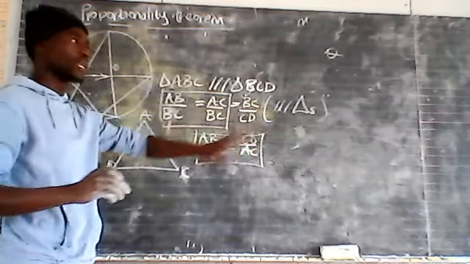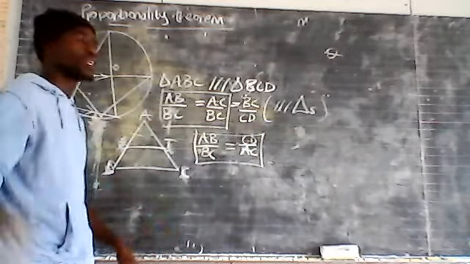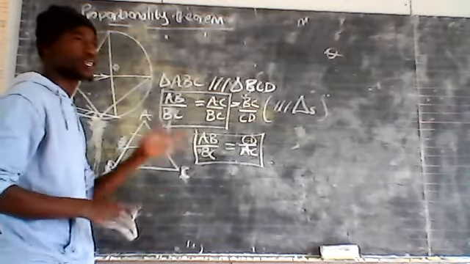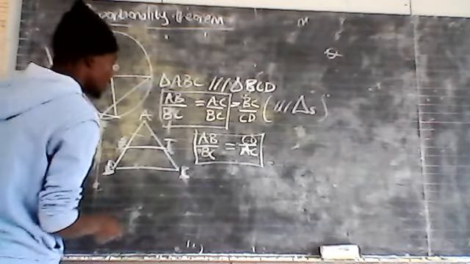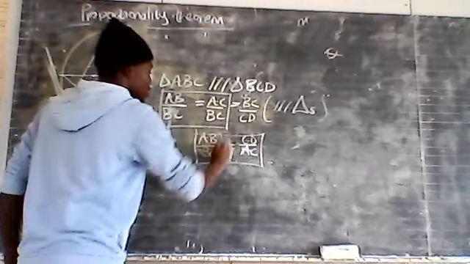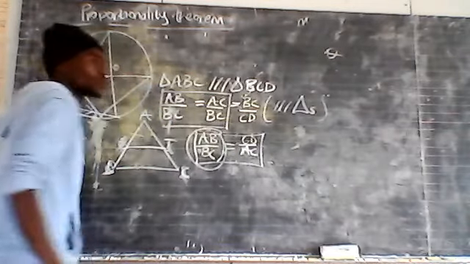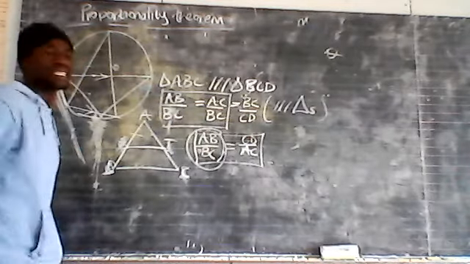If they ask you similarity on one side and proportionality theorem on another question, you'll be very lucky. At times they may be combined. So maybe I wanted you guys to be able to use both at the same time.